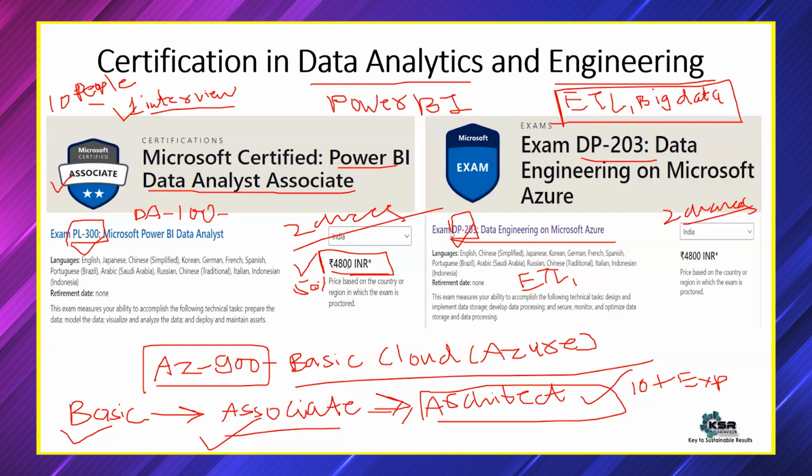Yeah. The number of attempts: 4,800 is certainly a big amount. I know that you'll get two chances here. Number of attempts, there isn't any limit. After two chances, if it is not cleared, you again have to pay 4,800. But I'll give you a hack where you can get a free certification also.